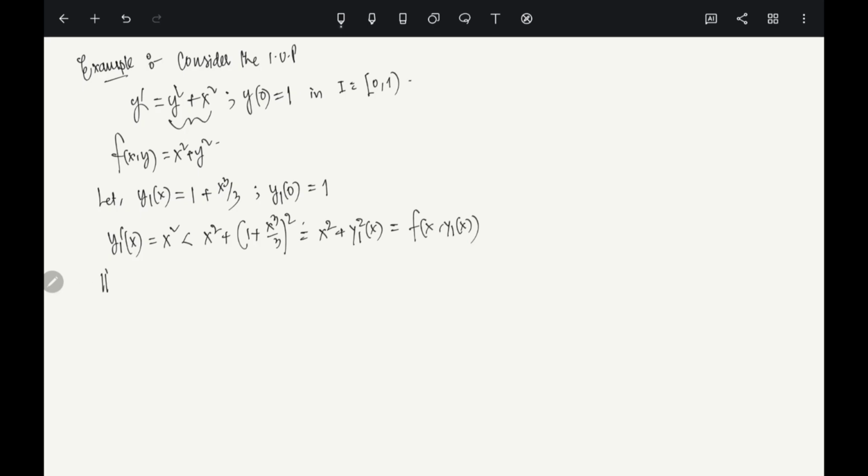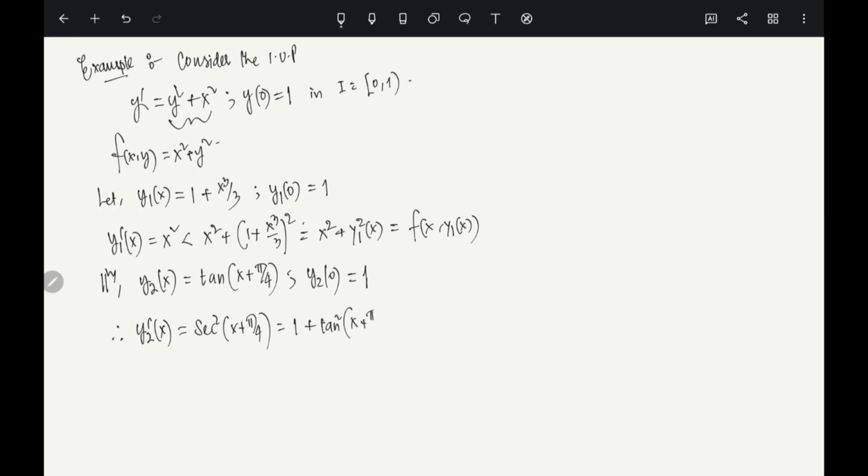Now similarly, if you choose y2 of x to be tan of (x plus pi by 4), what is y2 at the point 0? At x equals 0 it is tan pi by 4, which is 1. Therefore y2 prime of x is the derivative, sec square of (x plus pi by 4), which is 1 plus tan square of (x plus pi by 4).